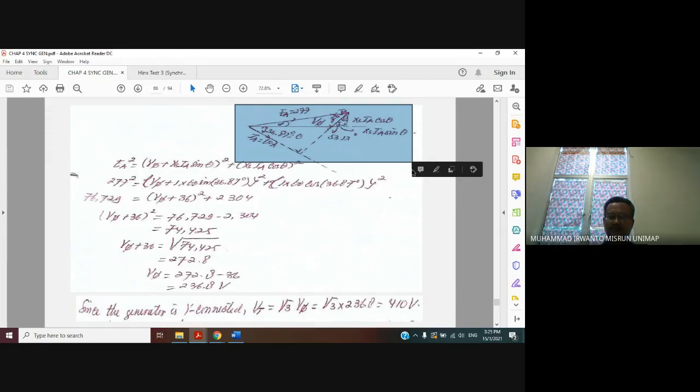Because we want to find the value of phase voltage, generally we can draw phase voltage as reference here, meaning the angle is 0.